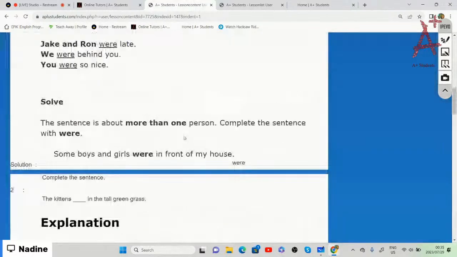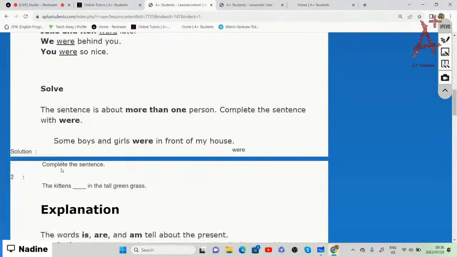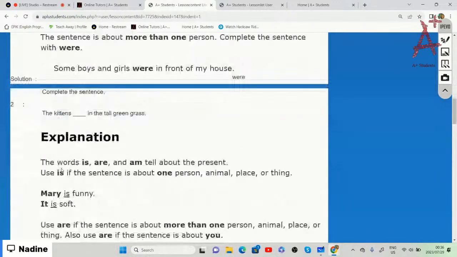And it is were. And that is why I constantly mention are or were, is or was, right? So in this sense, it is more than one person, and to complete the sentence, we use the word were.